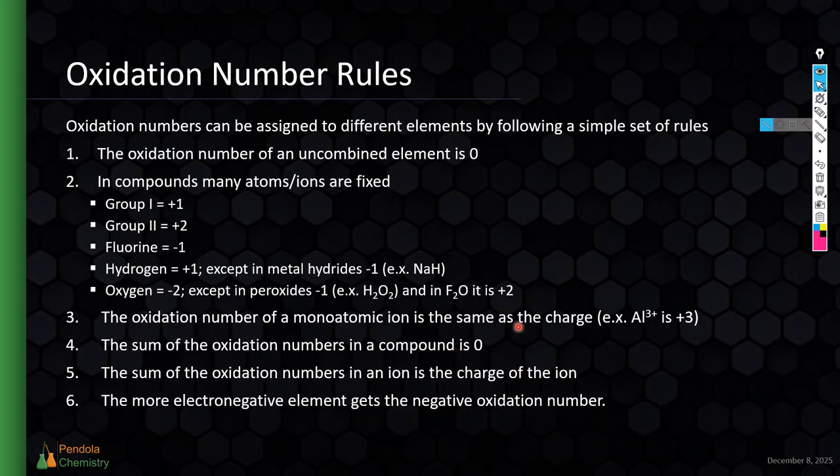And otherwise, we'll have to add up the oxidation numbers to get 0 for a compound or the ion's charge for a polyatomic ion. So that's it for this section. We will continue this conversation in the video for 7.3 when we're going to look at how to apply the oxidation number rules.